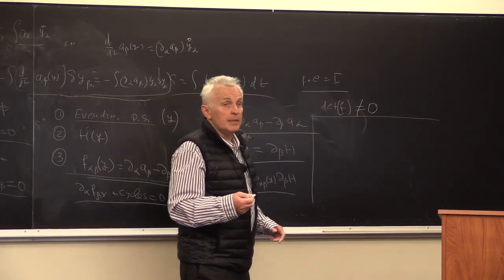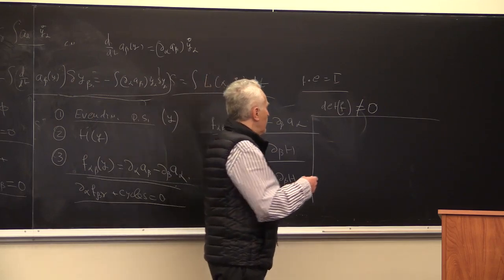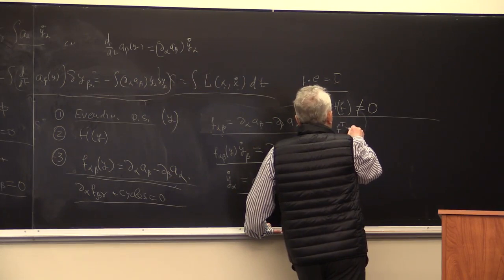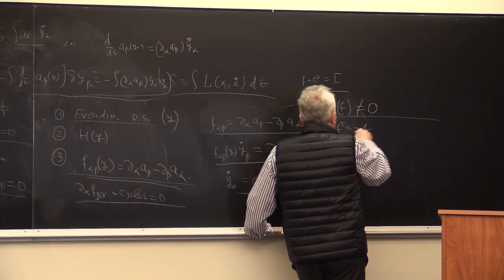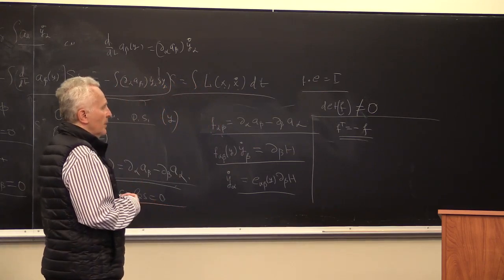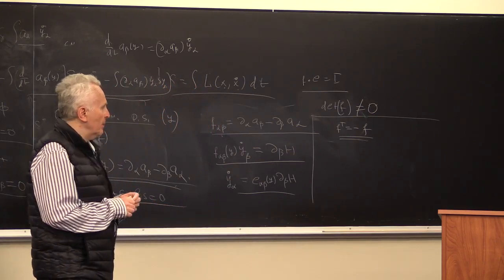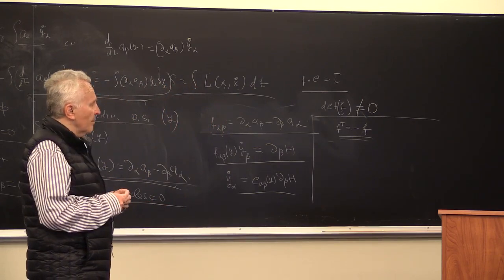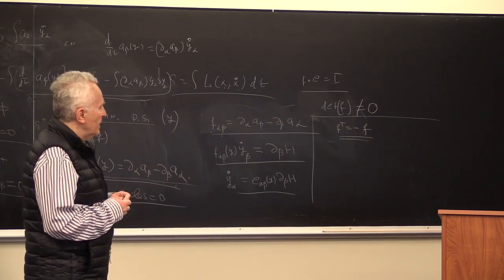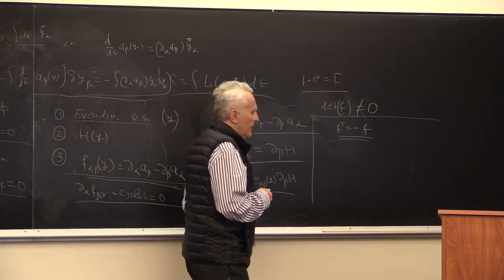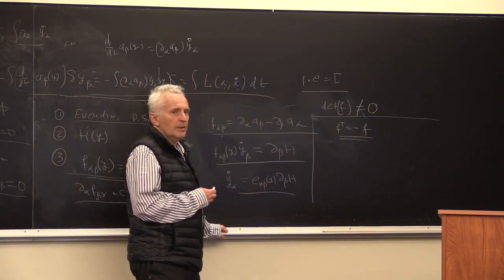For a simple reason: when you have an antisymmetric matrix, so the transpose matrix is minus F, in the odd-dimensional case the determinant is always 0.